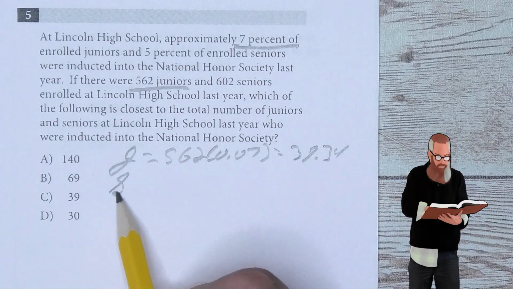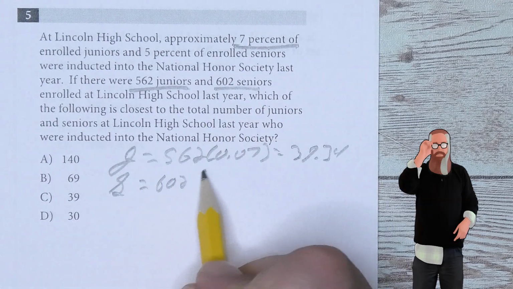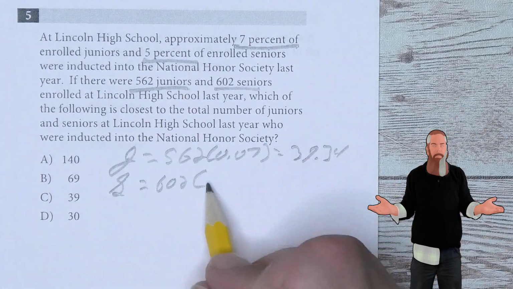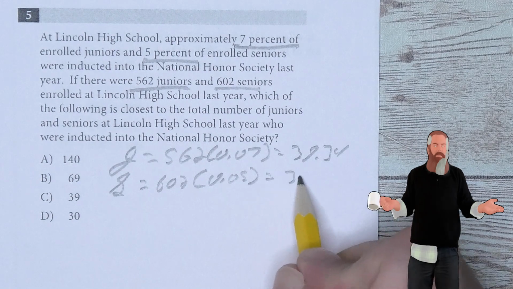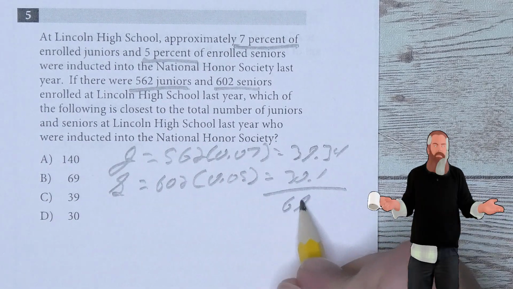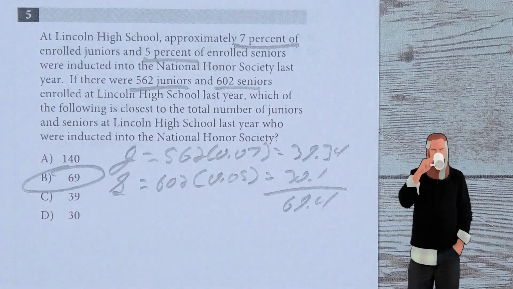Now seniors: there are 602 seniors, and we're looking at 5% of that, so times 0.05. This is going to give us 30.1. Add both of those together and we get 69.4, which is B, 69.